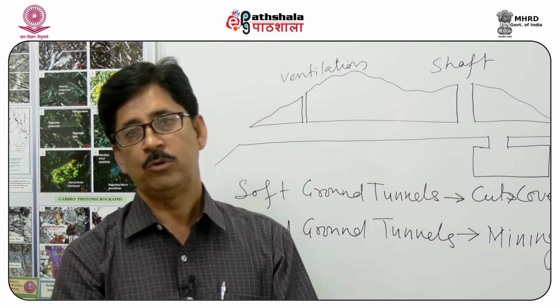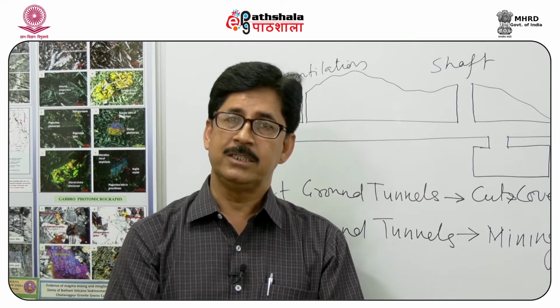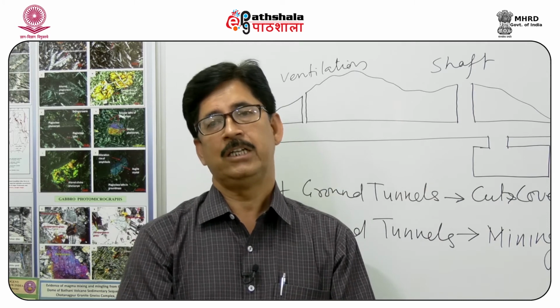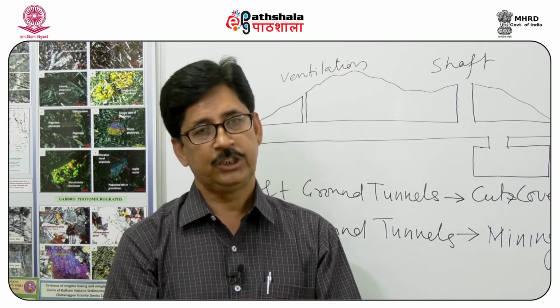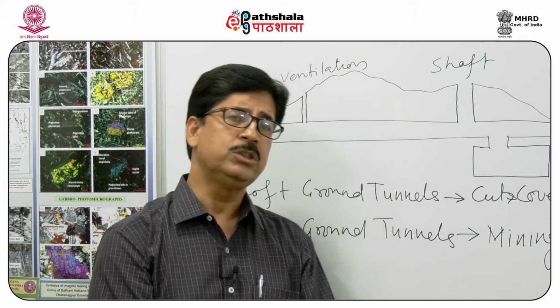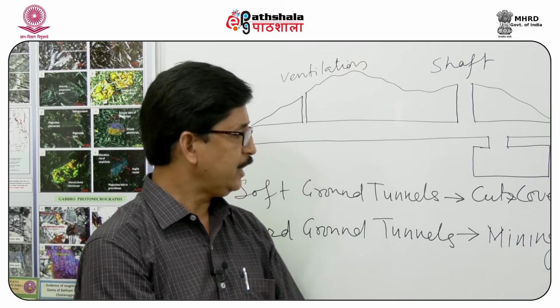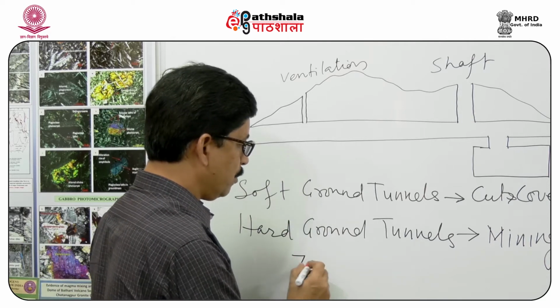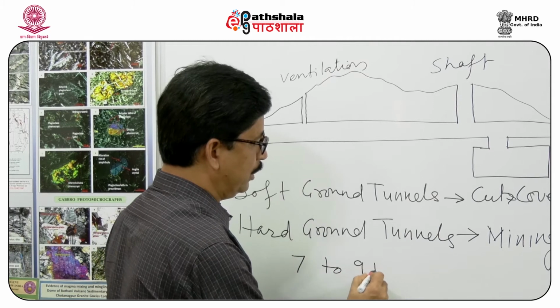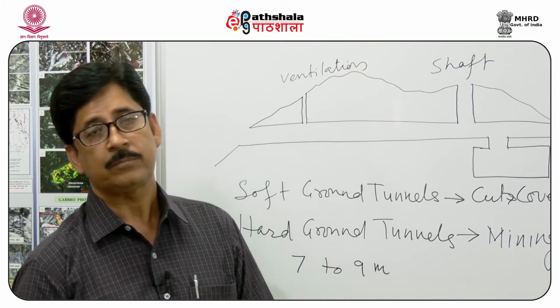So we have raise borers, we have rock headers, and most importantly nowadays we have a machine called the tunnel boring machine, which can be used for excavating through rocks for diameters from 7 to 9 meters.